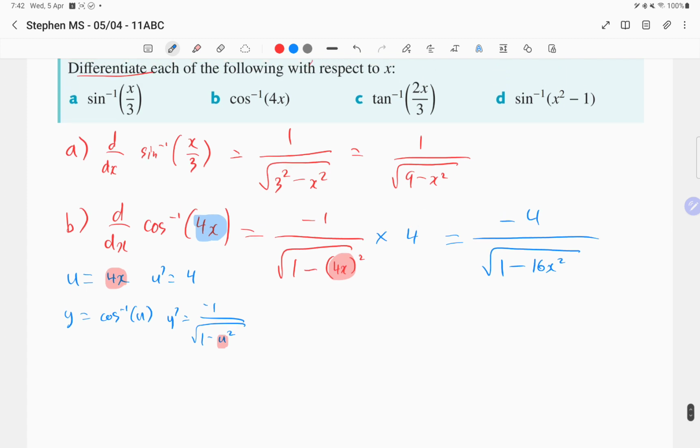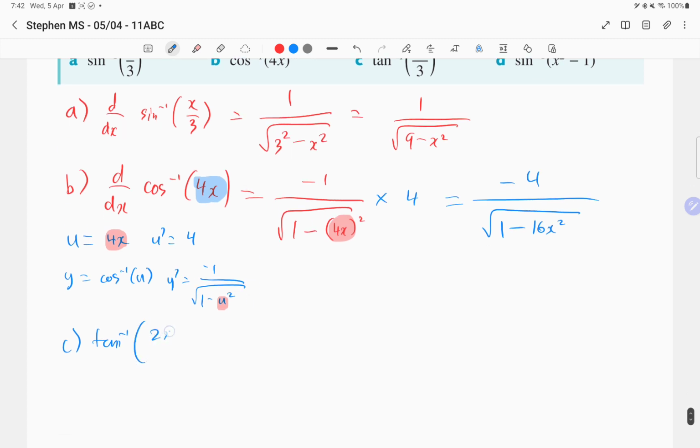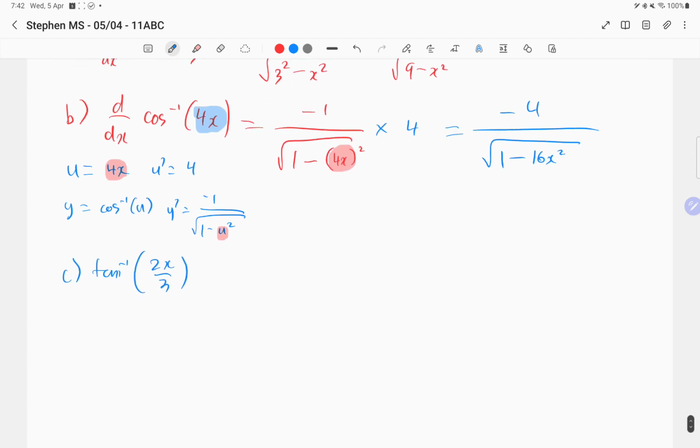So most of these ones you will need to use chain rule. When you see something like that, just chain rule it. Question C: inverse tan of 2x on 3. For these questions, I would normally use the full chain rule, because sometimes it's hard to see the final answer.